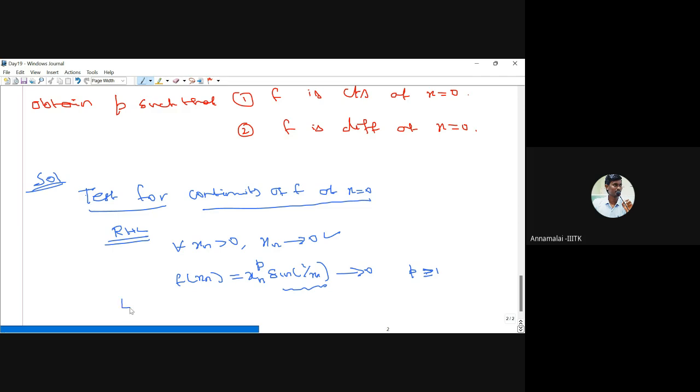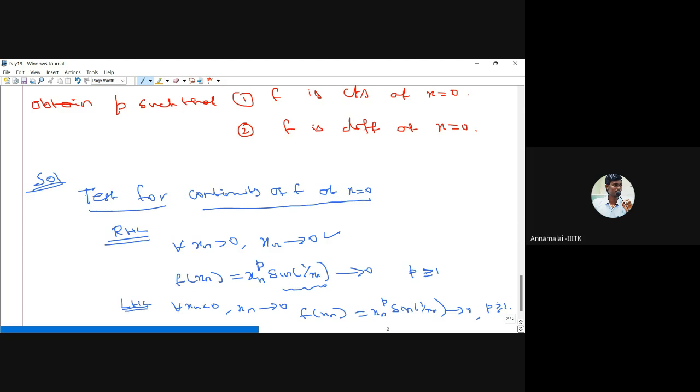Similarly, for the left hand limit, if you take any sequence xn which is less than 0 and xn converges to 0, then f of xn is the same thing, xn power p into sine of 1 by xn. Again, sine 1 by xn is bounded, and xn power p converges to 0 only when p is greater than or equal to 1.